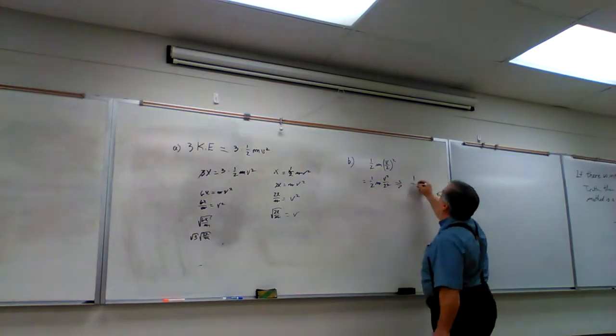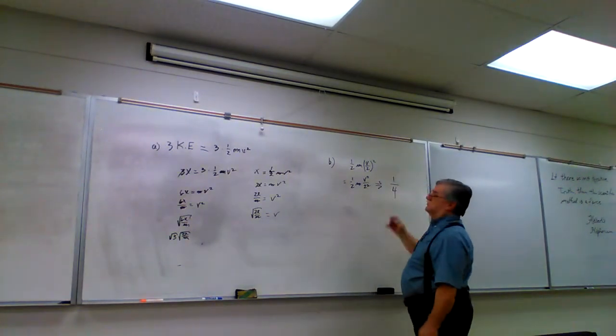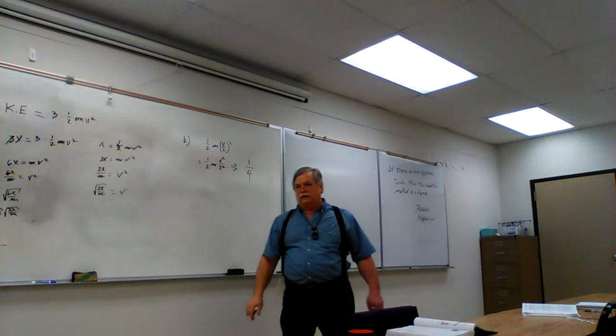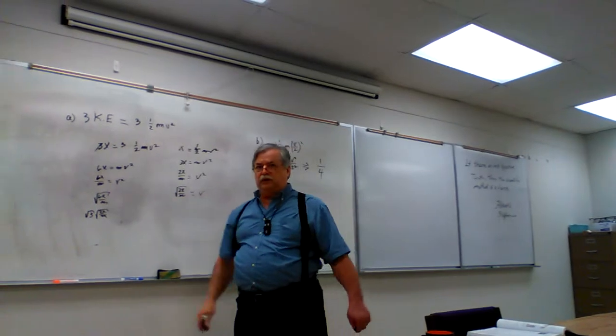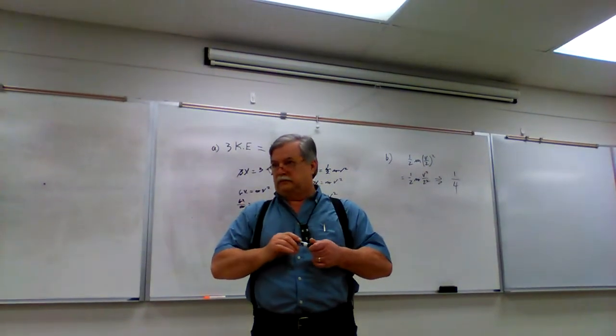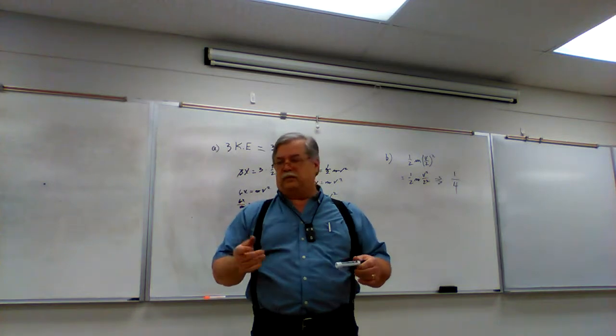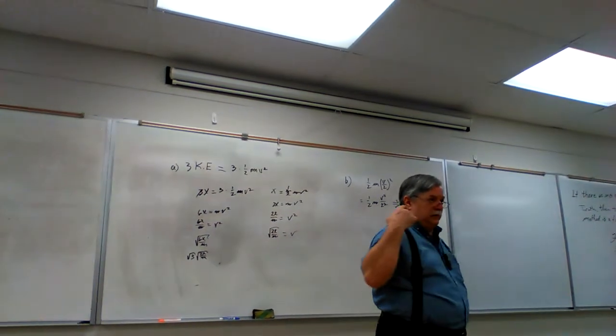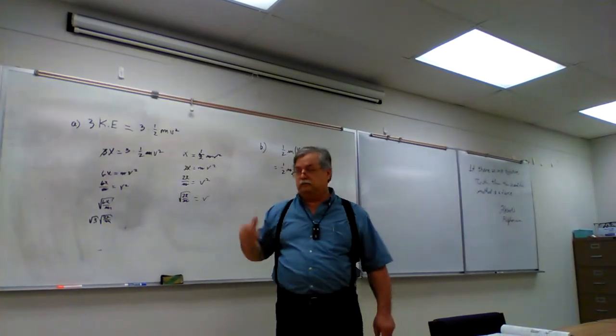So its kinetic energy changes by 1 over 2 squared, or 1/4. It would be reduced by 4, or to 1/4 of its original value. Does this make sense to everybody? Anybody have questions? Okay.